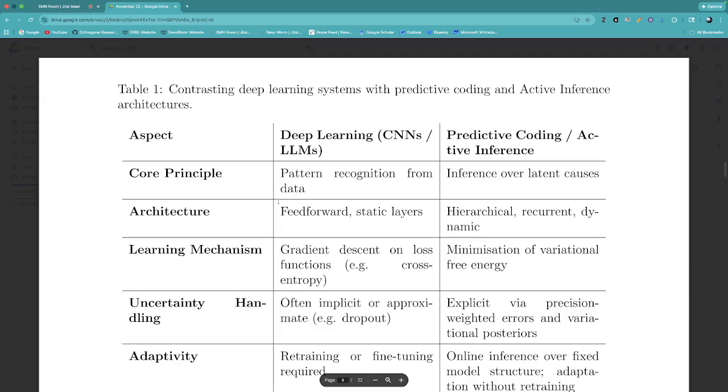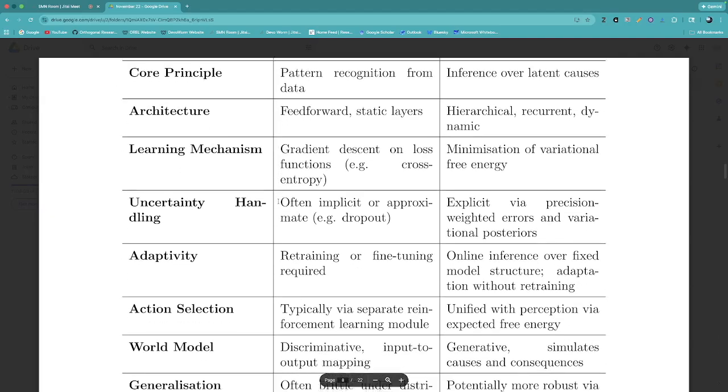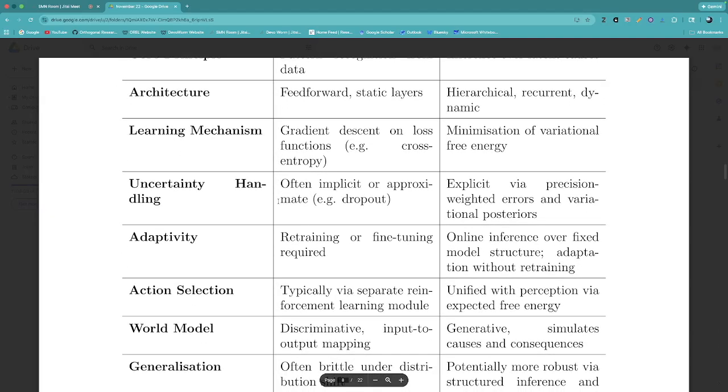All we know is that there's this loss, and we're trying to minimize it. Uncertainty handling in deep learning is often implicit or approximate, so we use something like dropout. In predictive coding, it's explicit, via precision-weighted errors and variational posteriors. So it's just a fancier approach to uncertainty handling.